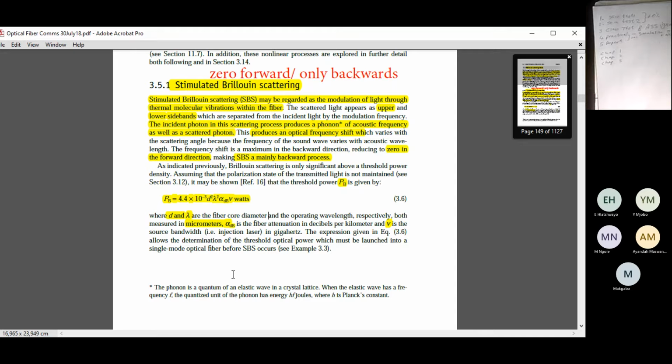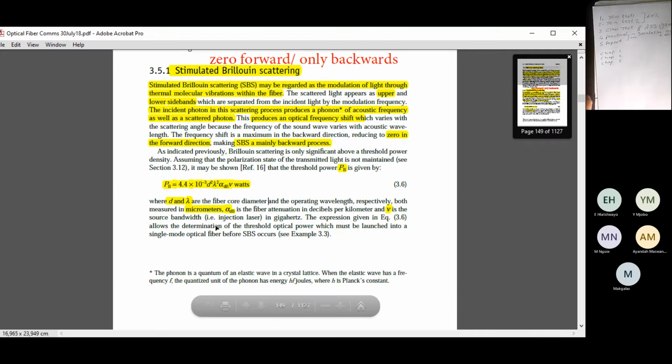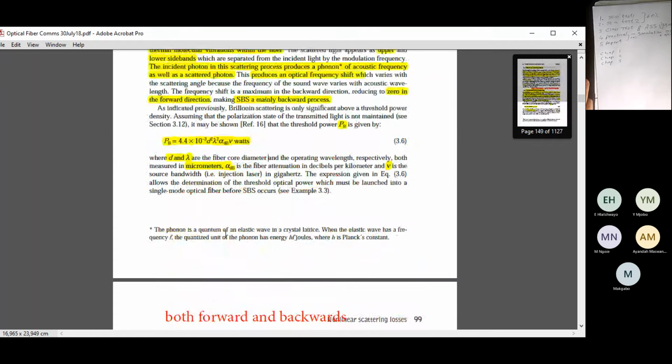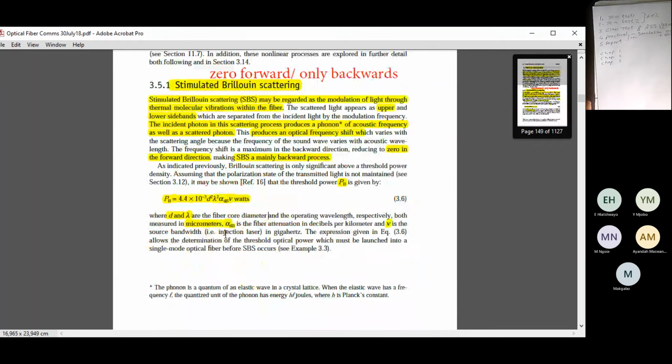It's going to try to make trouble and change the frequency. So it goes backwards, back to the laser where the light comes from. Okay? So the light is scattering in the fiber, but it goes back to the laser. Remember, it's a backwards process only. Right. And it's non-linear. So if I ask you what it is, it's also non-linear. It says here somewhere, non-linear.